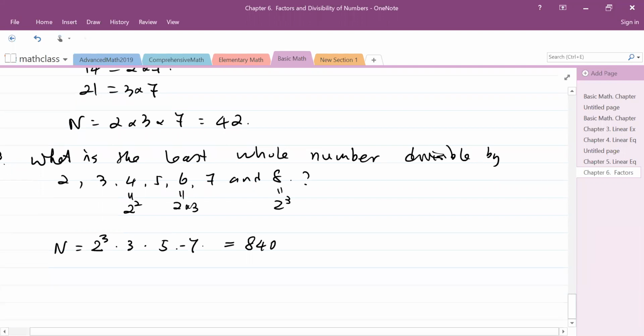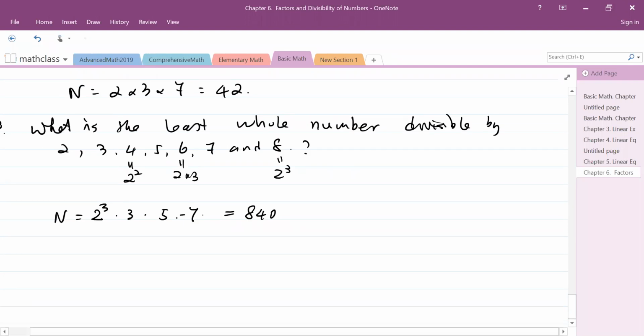Isn't this more like GCF? Yeah, this is the smallest integer. No, it's still LCM.